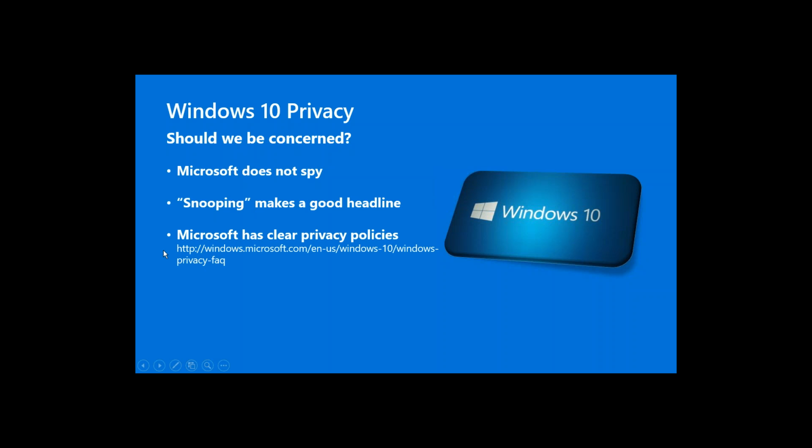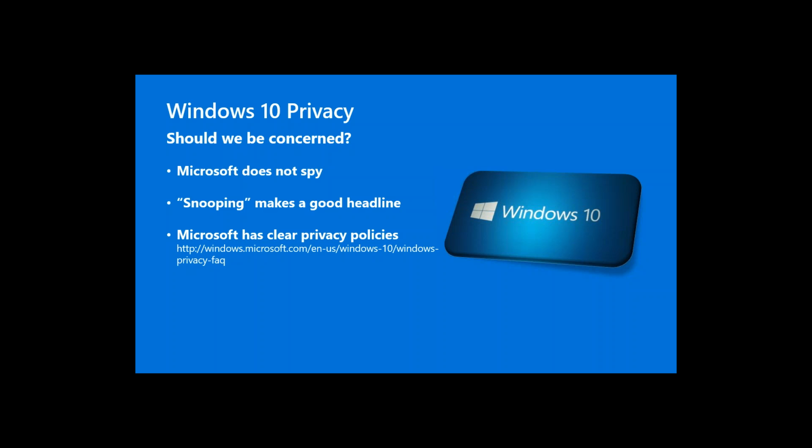One of the examples of this, and please, I'll linger here on this slide for a minute. Microsoft has a website specific to Windows 10, but there are links on there to other privacy policies. They have clearly stated privacy policies. They revise those from time to time where somebody may point out some ambiguity or a concern, to make sure it is incredibly clear what Microsoft does with your information.